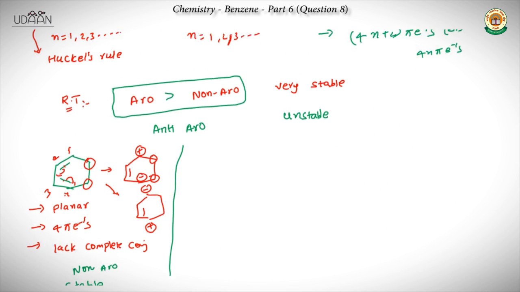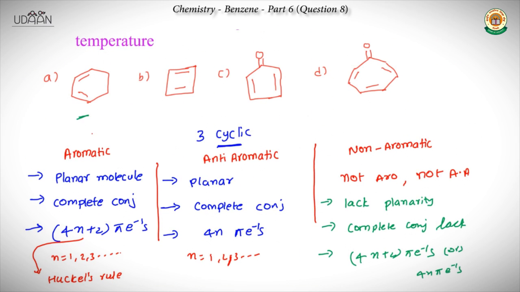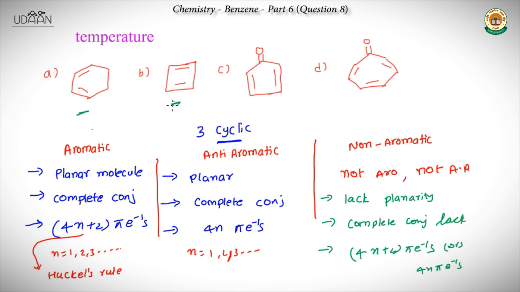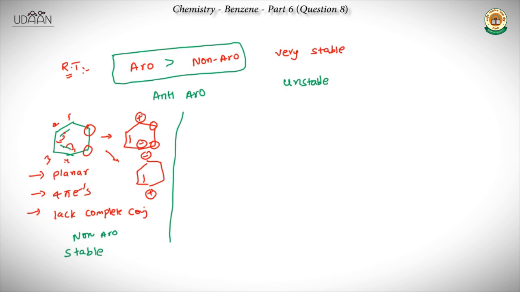Now let's look into the second compound where you have cyclobutadiene. This is cyclobutadiene. Now, obviously, it is planar and it has 4 pi electrons, 1, 2, 3, 4, and it also has complete conjugation. I'll show you the structures now.